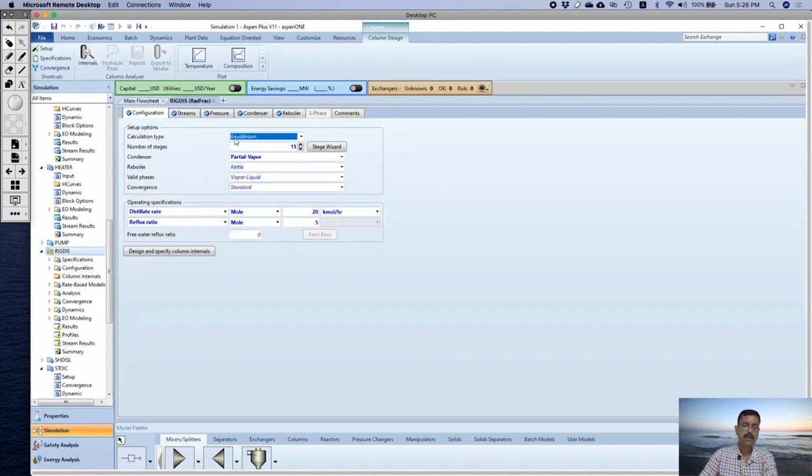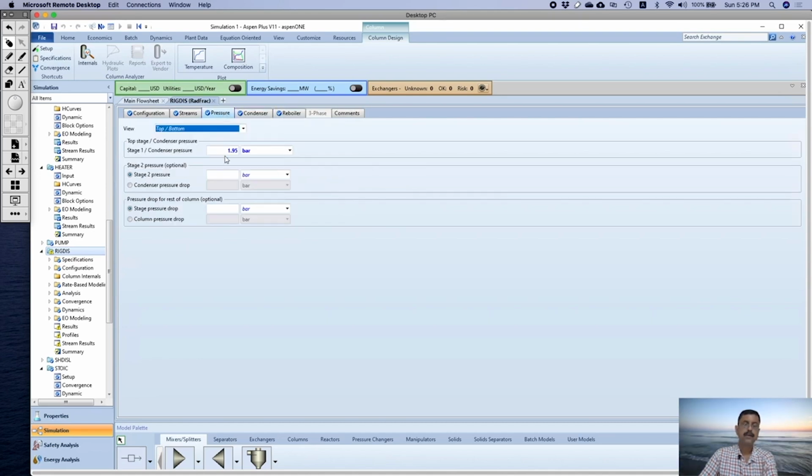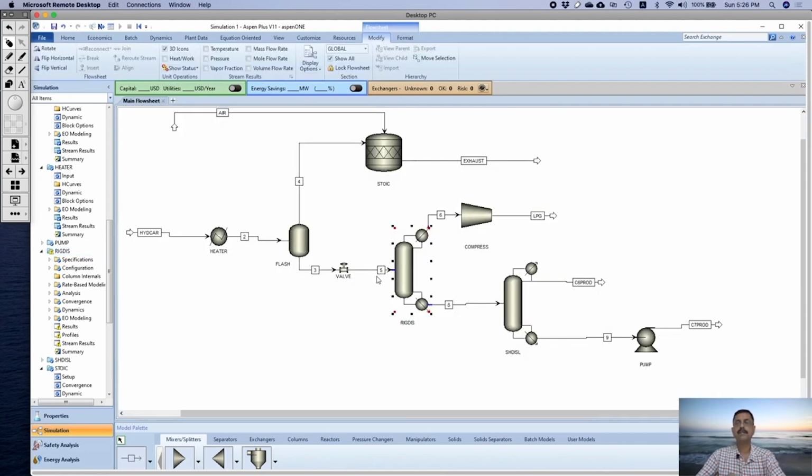The condenser pressure is 1.95 bar. So essentially we are saying that our feed pressure is 1 bar and condenser pressure is 1.95 bar, which cannot happen.